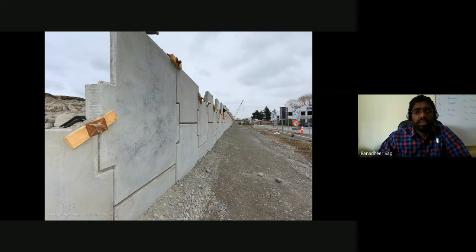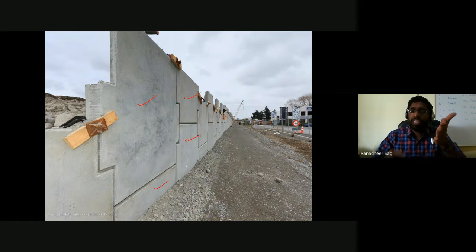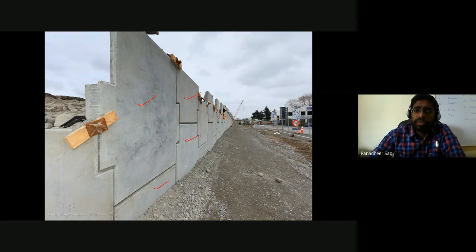Let's say this is one panel, this is another panel, this is another panel. So you have different panels. First, at the ground, we dig the soil till your required depth, and accordingly we start assembling your panels one over the other, both in the vertical as well as in the lateral direction, so that you can get your wall of that required height and to that required distance.